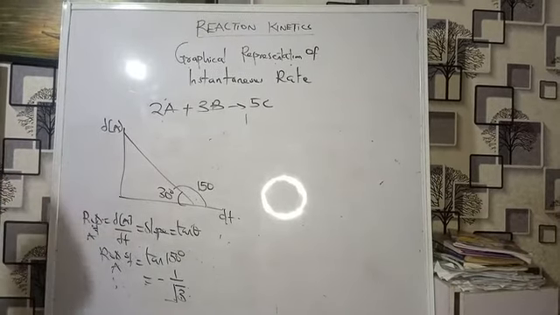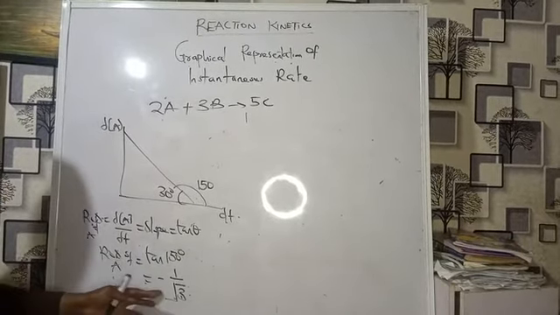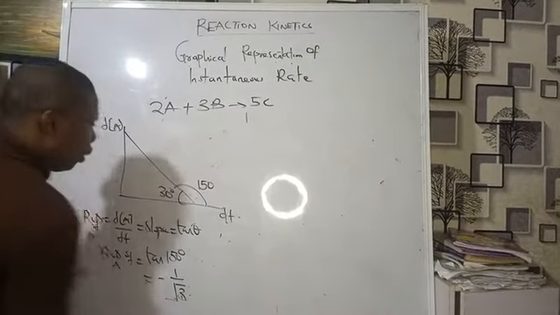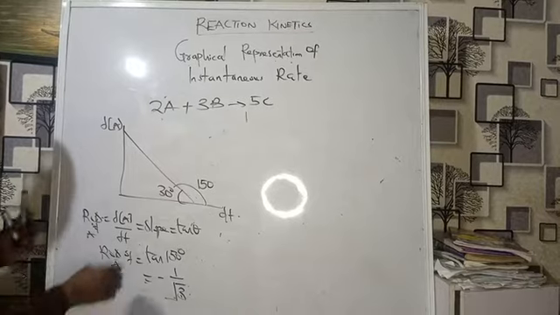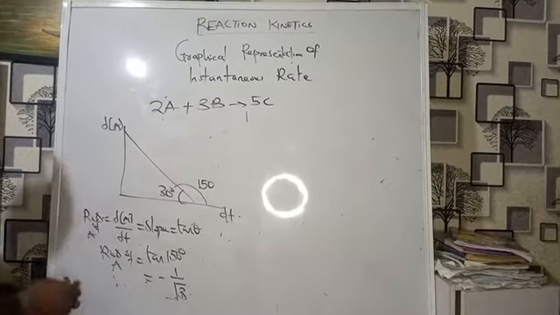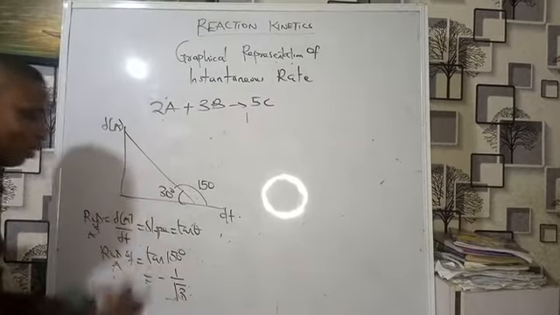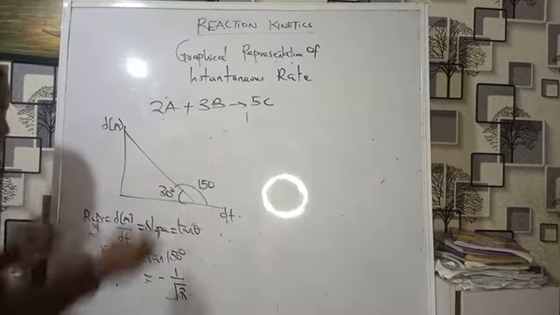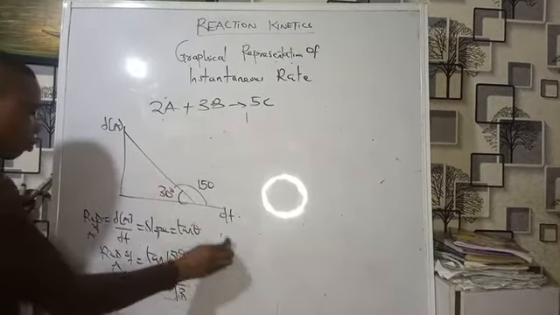So the answer is minus 1 over root 3. Why is it minus? Of course, A is disappearing. You have to know that. So that's why it's minus.